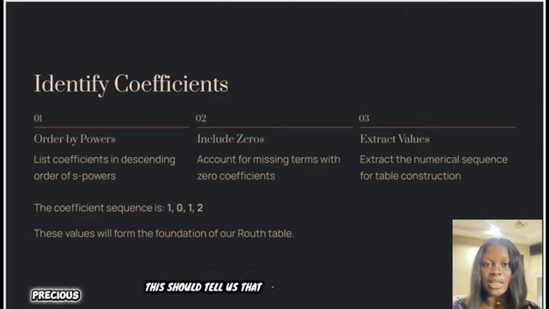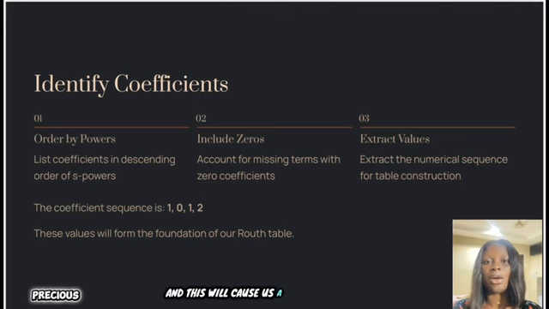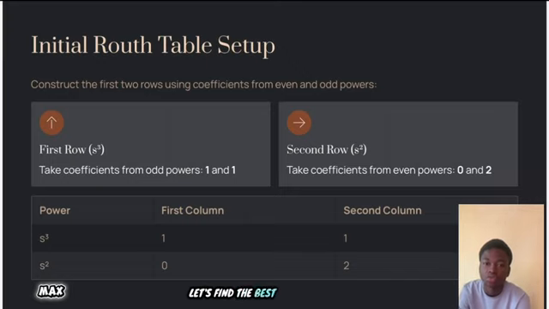This should tell us that the system is already unstable even before we build the table. As we can see, the s squared term has a missing coefficient, and this will cause us a big problem.